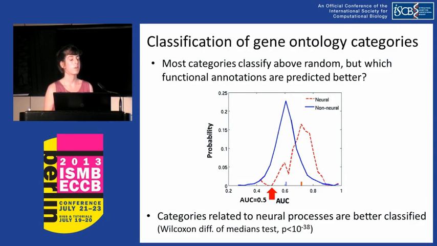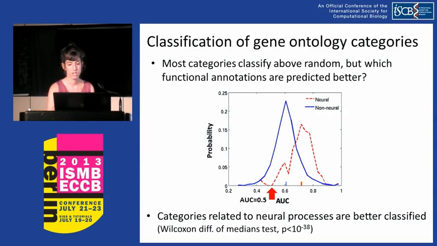So since we're talking about brains, we hypothesized that categories that are related to neural functions, such as GABA metabolism or neuron recognition, would classify better. And indeed, when you look at neural-related categories, which is the red here, they classify with much higher AUC scores.